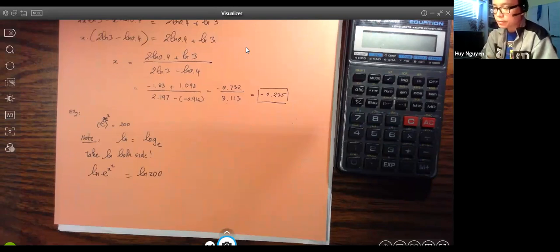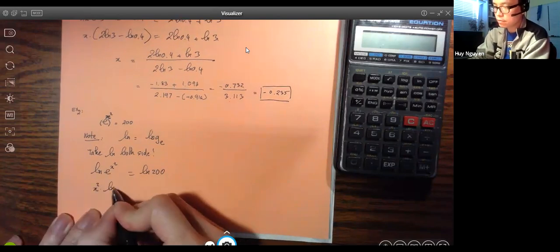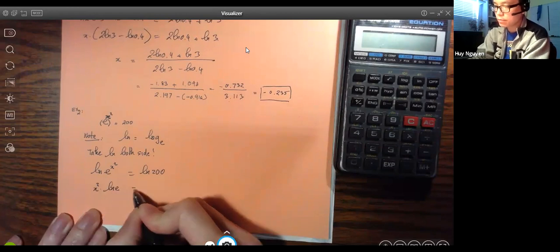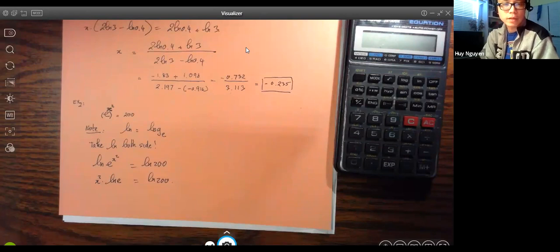Because x squared is the exponent, not just x but x squared, then you can drop it to the front.